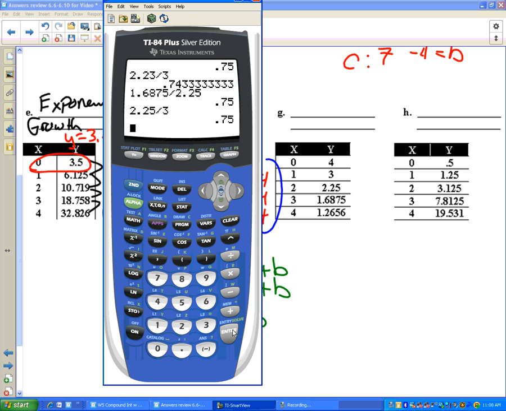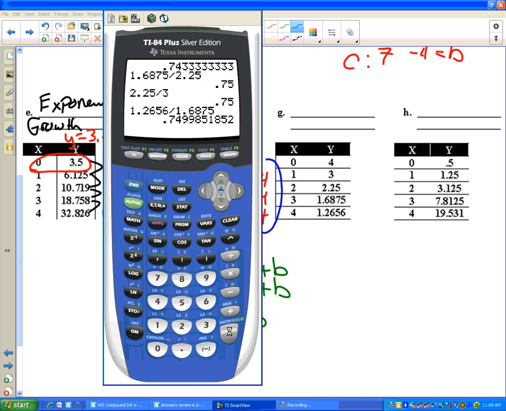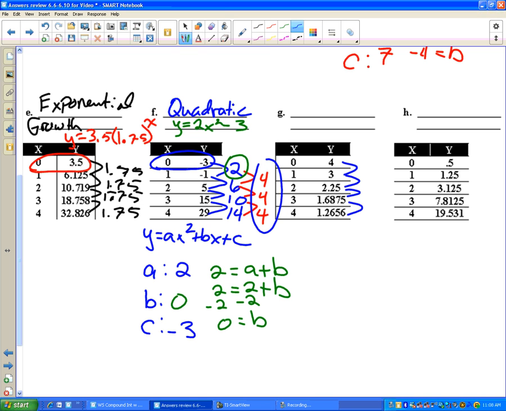And the last one, 1.2656 divided by 1.6875, and I get about 0.75. So again, my successive quotients are all 0.75, 0.75, 0.75, 0.75.